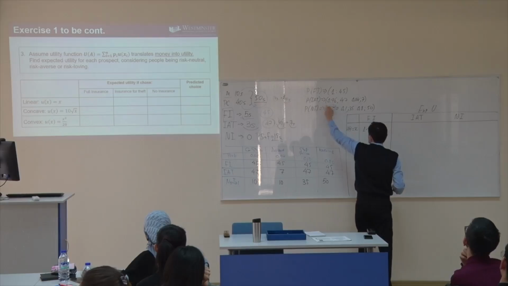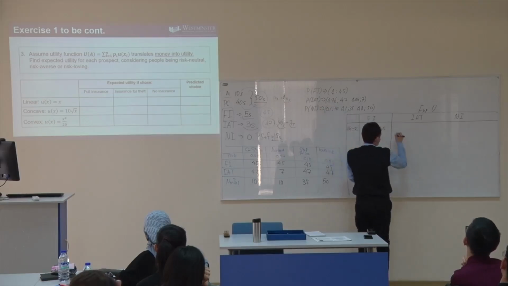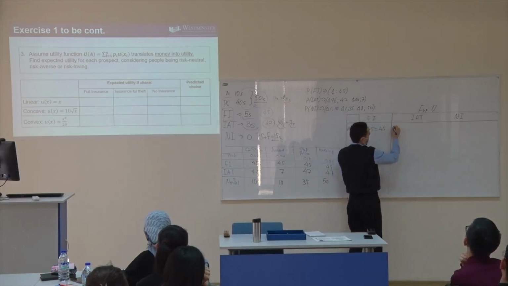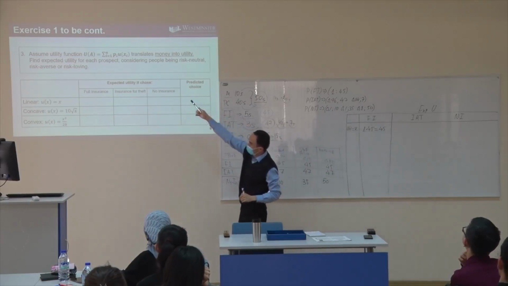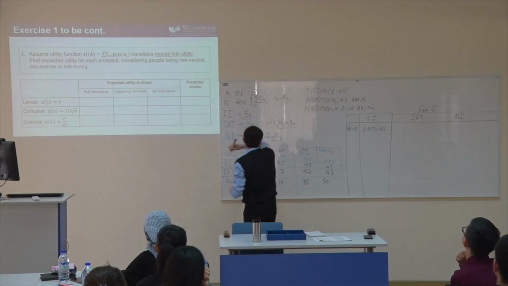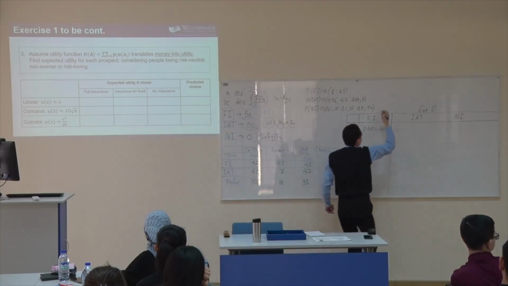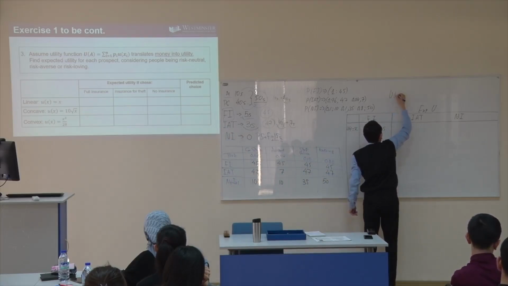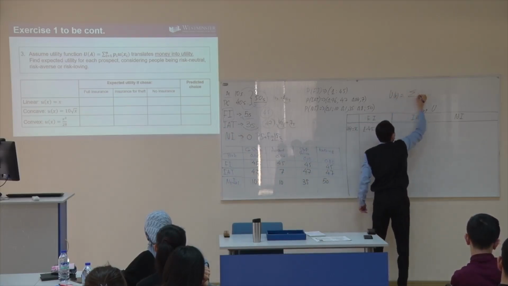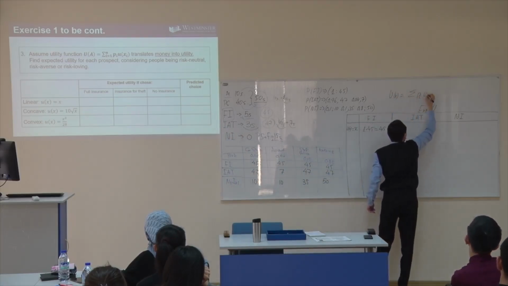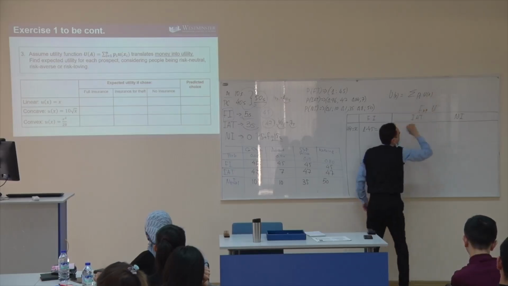If we are going to purchase insurance against theft, we will add because we are using that utility function which is given there, right? Let me write it down for clarification. Our expected utility is the sum of all probabilities times our function.